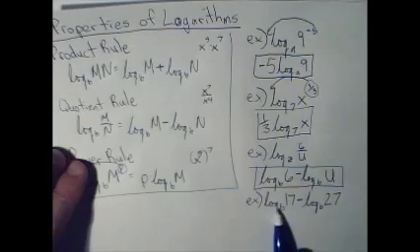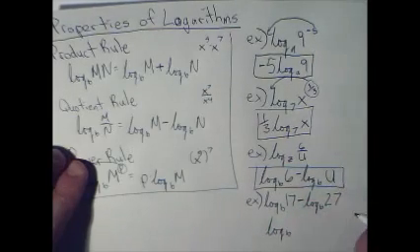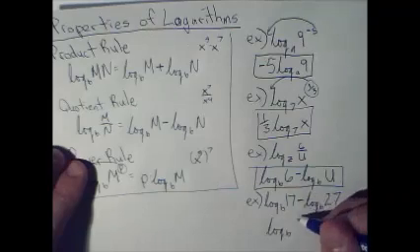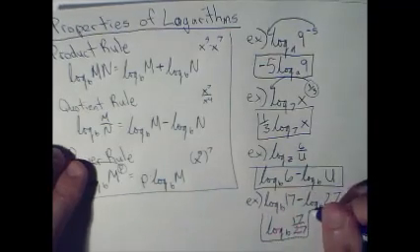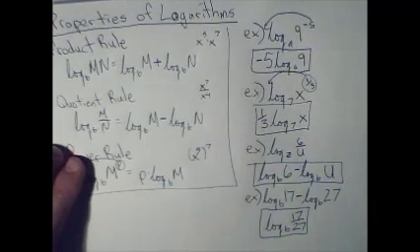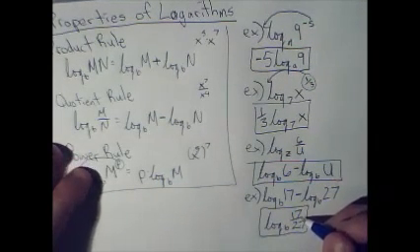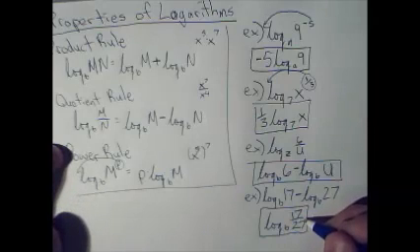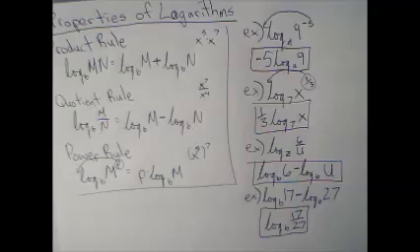And if it is the same base, what I can do is condense them as a single logarithm, keeping the same base, as a quotient. 17 over 27. Whatever comes first is my numerator. Whatever comes second is my denominator. Now, what I would also need to do is, I wouldn't care if it's an improper fraction, but I would need to reduce. If there were a common factor between 17 and 27, I would want to reduce that. Good for us here. 17 is prime. I'm done.